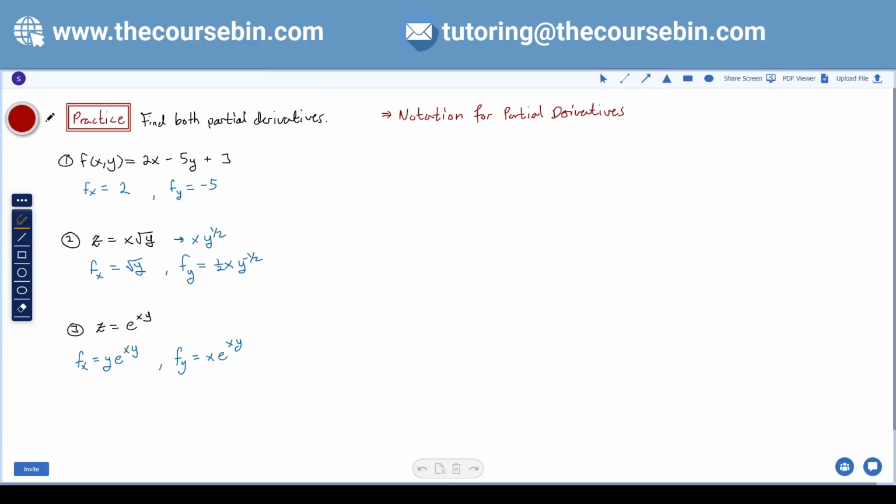Okay, so I already talked about how df dx of xy is the same thing as fx of xy, right? Right, so this is the same thing as writing z sub x, because your f represents z. And this is the same thing as the partial derivative of z with respect to x.